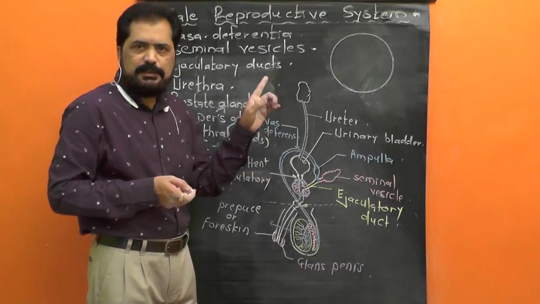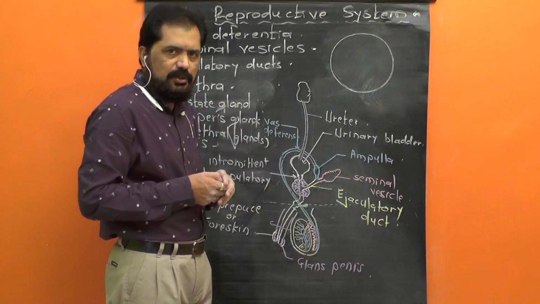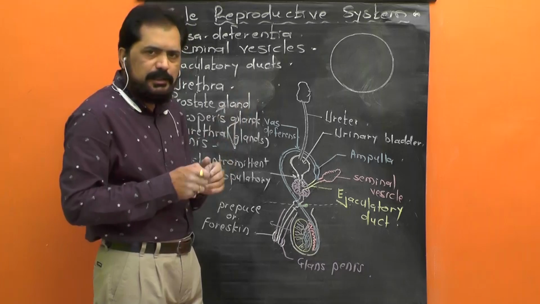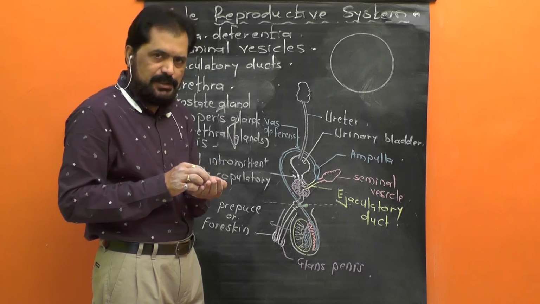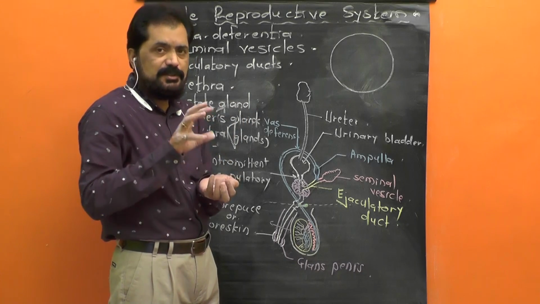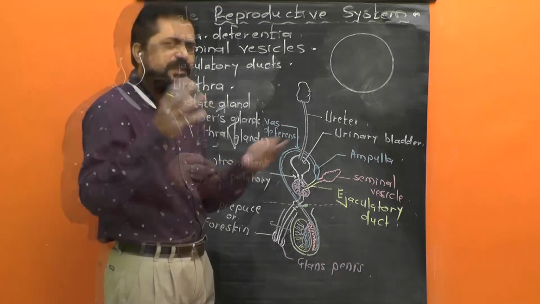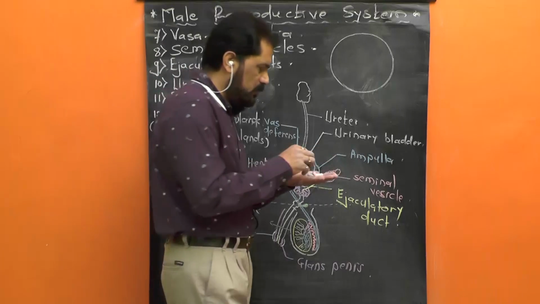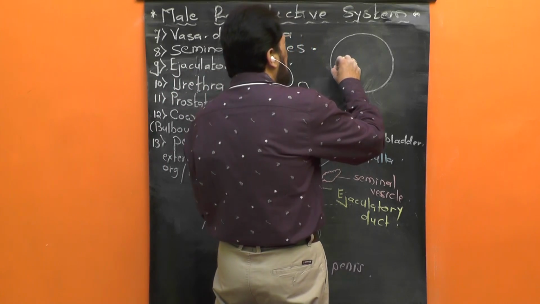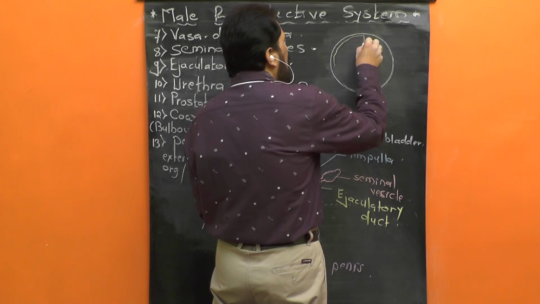Here is supposed to be the TS, transverse section, of the penis. Now in the transverse section we can notice the presence of 3 columns of spongy tissue. 2 are upper.